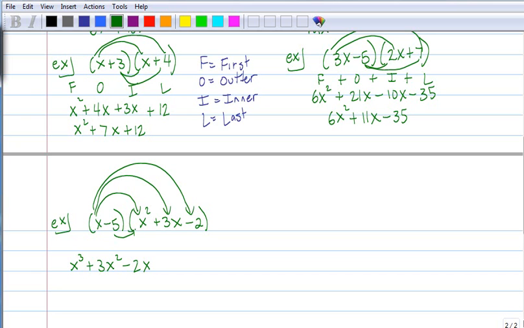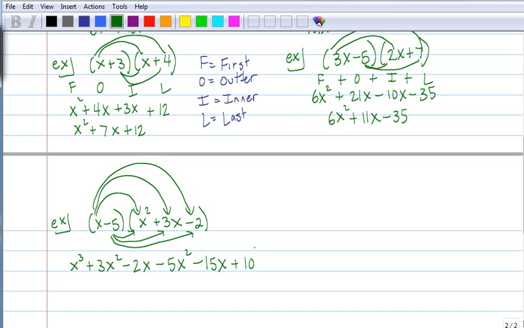The first term with the negative 5 is a negative 5x squared. Then the negative 5 with the middle term, which is minus 15x. And finally the negative 5 with the negative 2, because you have to think this is a plus negative 5 with a plus negative 2, which gives a positive 10, by the way.